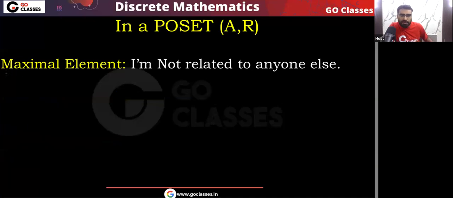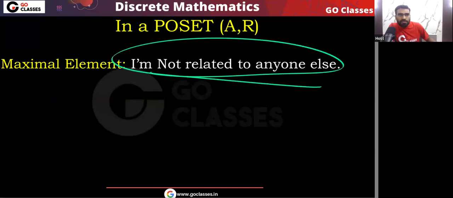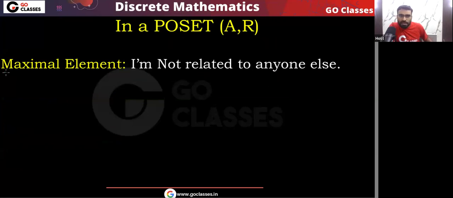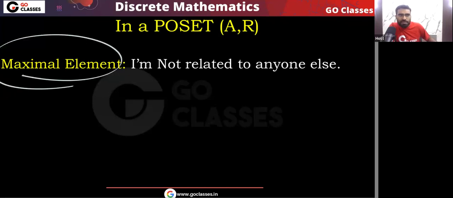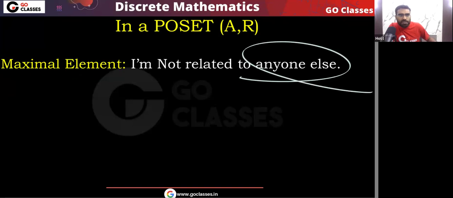First, we will see maximal element. Maximal element says that I am not related to anyone else. Will it be related to itself? Yes, of course. In a partial order relation, there is the reflexive property, so every element will be related to itself, but the maximal element is saying that I am not related to anyone else.